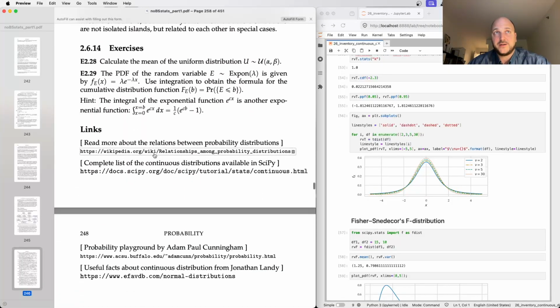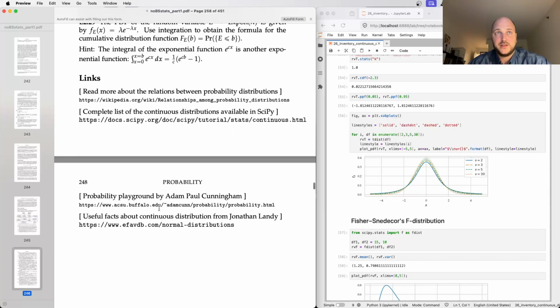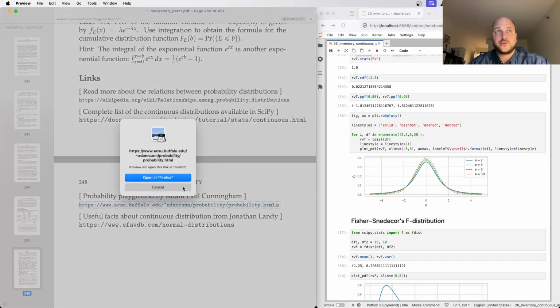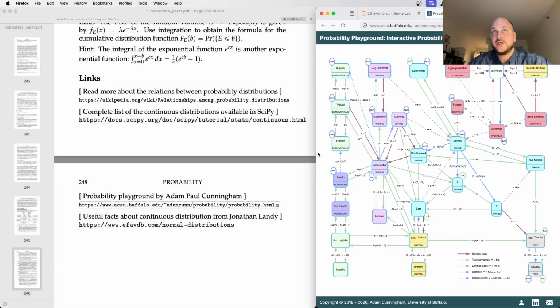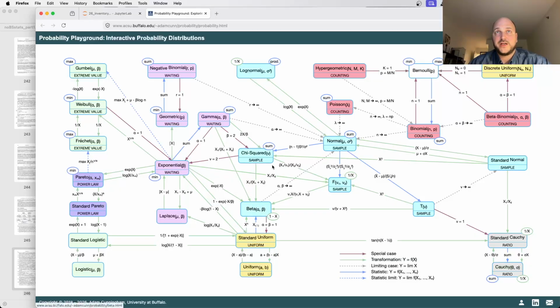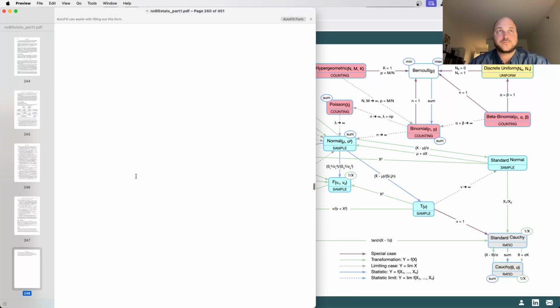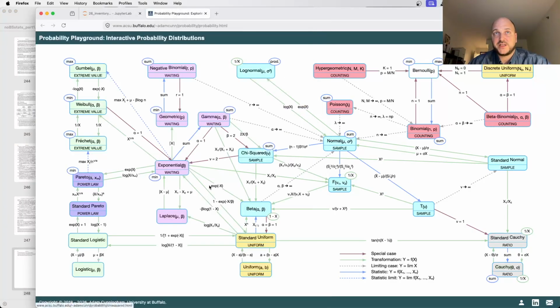We already talked about this in 2.3, but I want to show it to you one more time. This is an amazing site. If you have time, when you're done with section 2.6, come to this site. You will see all the distributions we talked about in 2.3 and 2.6.